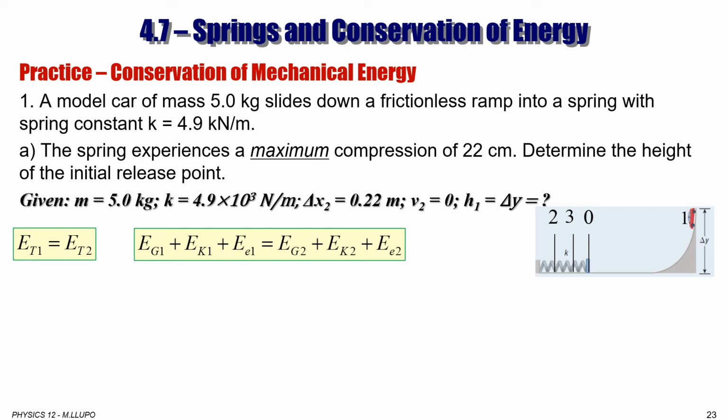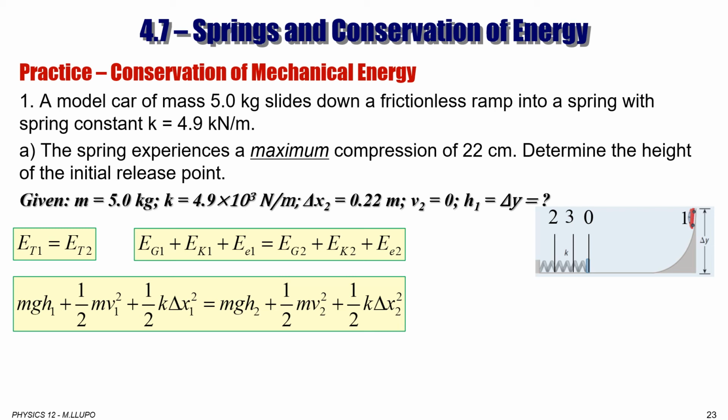Now we can write the formulas for each of those energies. So gravitational potential energy is mgh, in this case h1. Kinetic energy at point 1 is half of mv1 squared, and elastic energy is half of k delta x1 squared. That is equal to mgh2 plus half of mv2 squared plus half of kx2 squared.